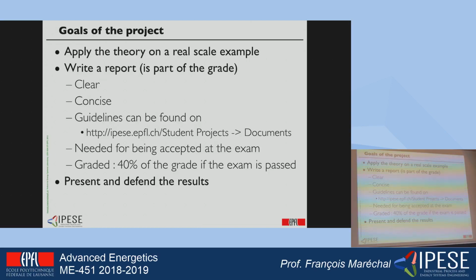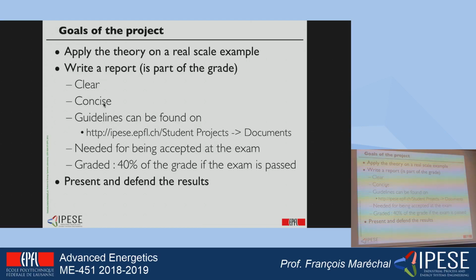You will have to write a report that needs to be clear and concise, so the assistants will not have to spend a lot of hours to read your report. They have to go to the point, and the report has to be like if you are reporting in a company. Okay?